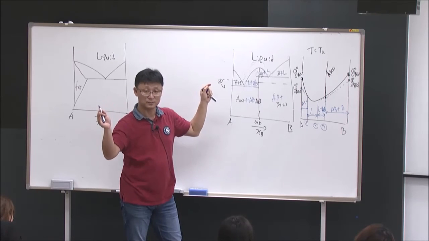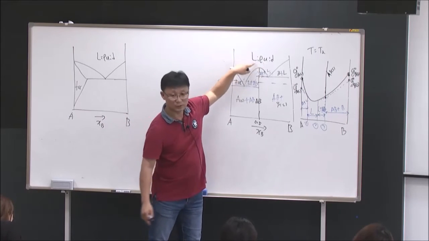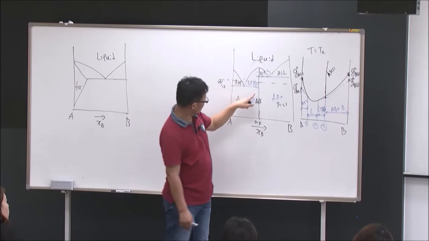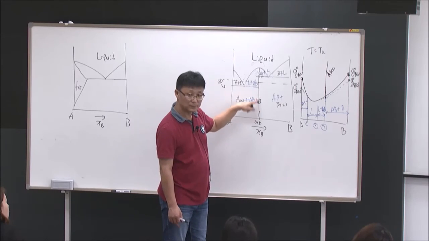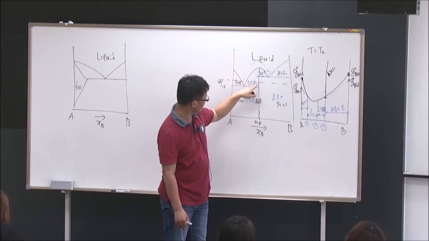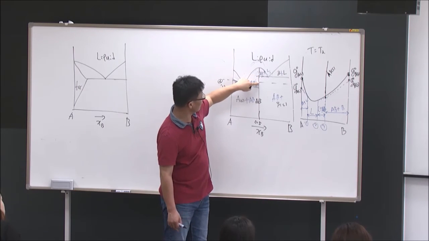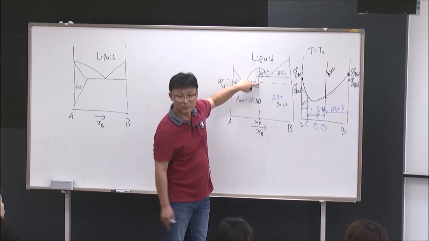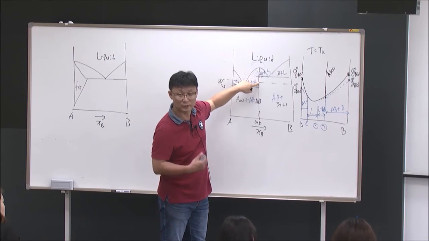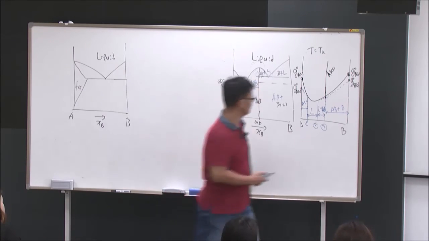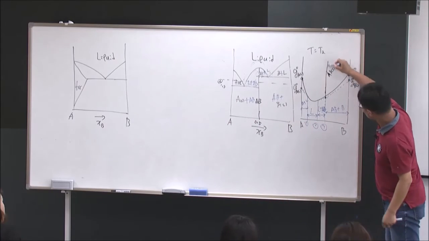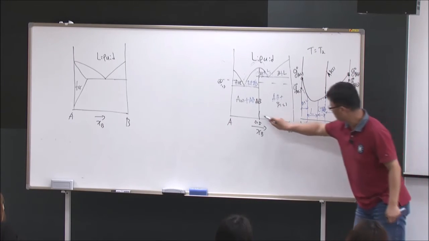There's no AB liquid, okay? So AB liquid is part of the entire liquid. And you have the AB solid phase, so AB solid should be somewhere existing here. And for the AB solid point, at least it should be lower than the Gibbs energy of the liquid at that composition. AB solid is more stable than liquid. So at 0.5, this is composition number 3 basically.